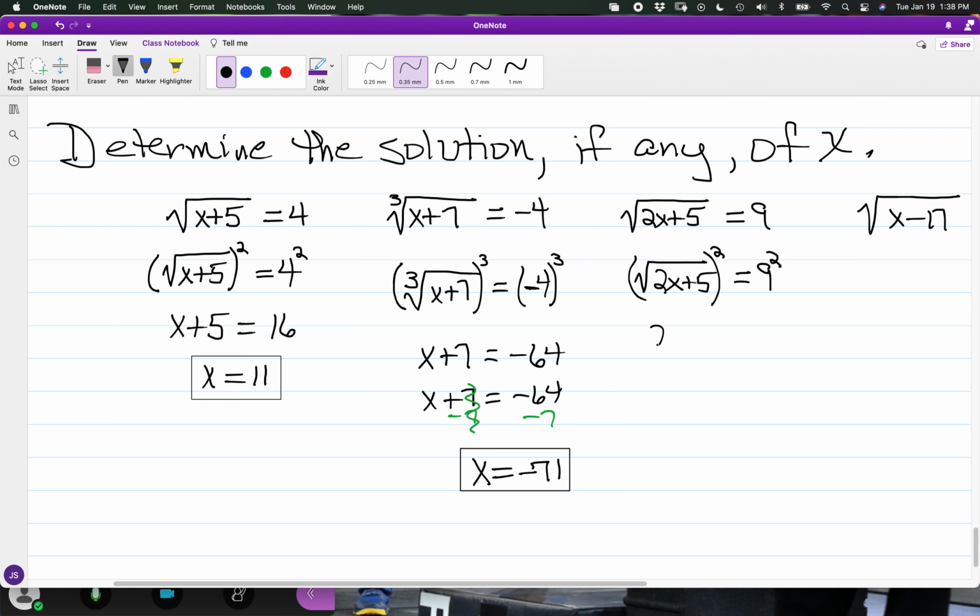So the left-hand side will become 2x plus 5, which is equal to 9 squared, which is going to be 81. And upon isolating the x term, if I take 5 away from both sides, we have that 2x is equal to 76.